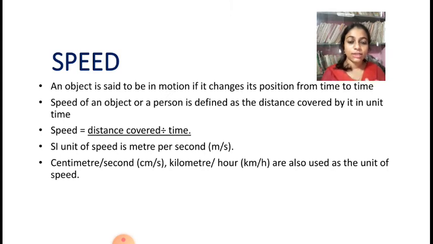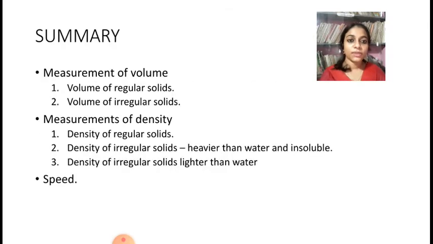So let us look at what we have discussed in this chapter. First is measurement of volume, measurement of density, and speed. Measurement of volume means the volume of regular solids using definite formulas. And what are the methods of finding the volume of irregular solids?